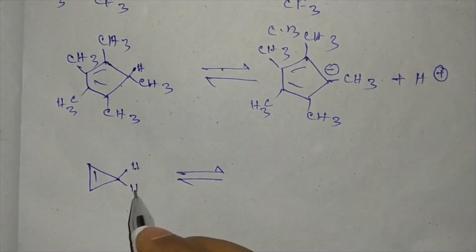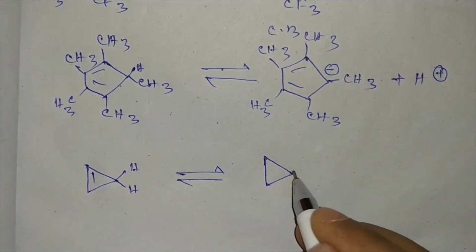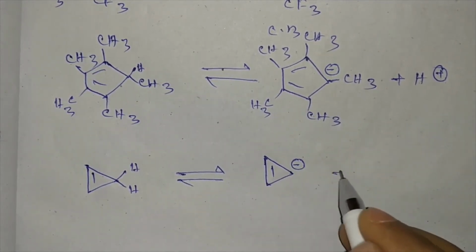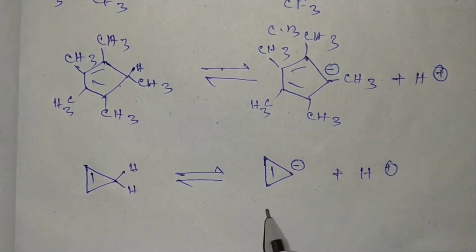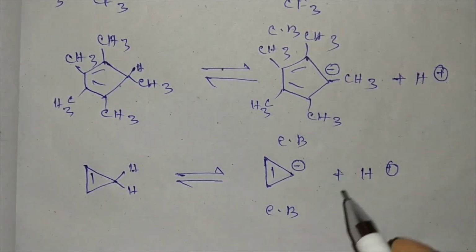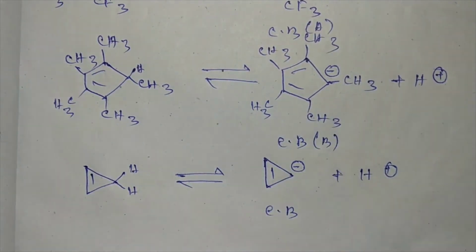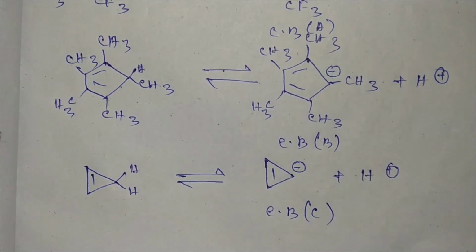Two hydrogens are there. This is the conjugate base: conjugate base of A, conjugate base of B, conjugate base of C.